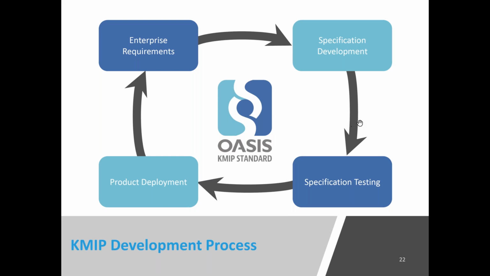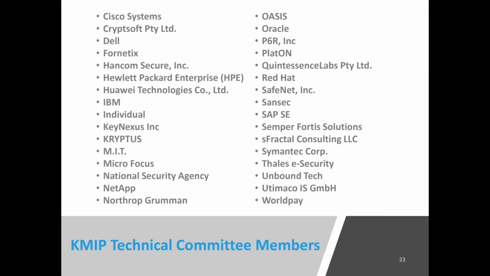But we'd also like you to get involved, which means joining OASIS if you're not members already, and from there joining the technical committee. We only exist due to the efforts put in by the various members, and the more folks we have on board in the TC, the better requirements we're going to get. We're going to get wider applicability. So I would certainly encourage you to consider joining OASIS if you're not already a member, and joining the TC if you already are. Next slide, please.